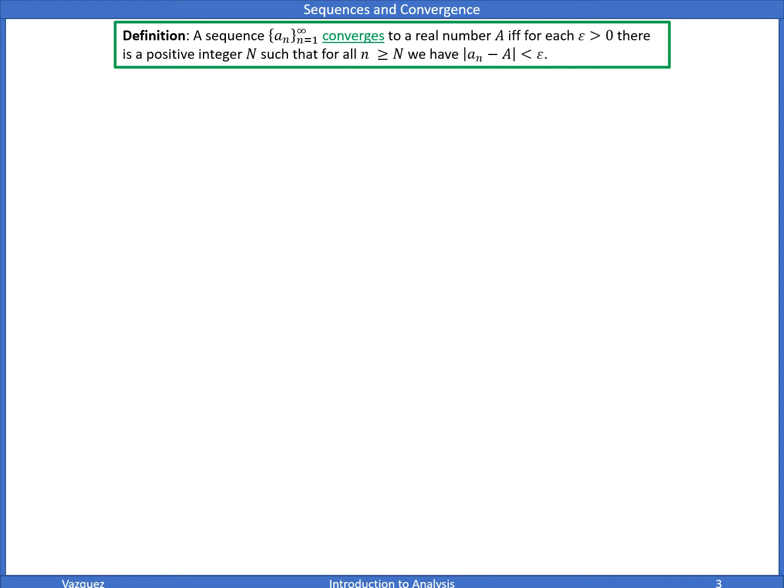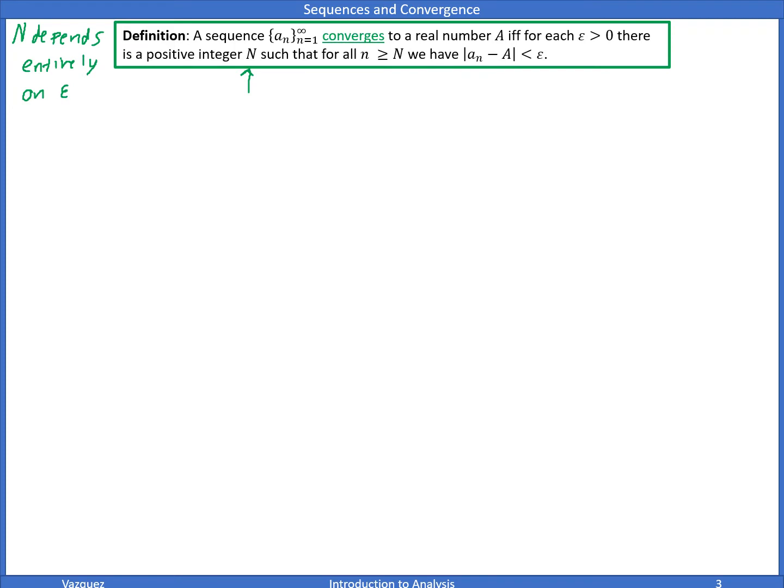Now this definition, I don't know of anyone who just read it for the first time and automatically knew what it meant. There's a lot to unpack here. The first thing I should mention is that this big N depends entirely on epsilon.